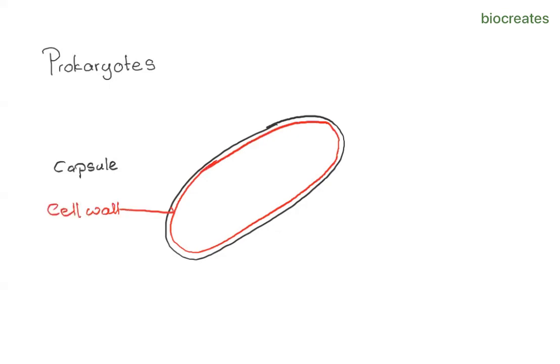This cell wall is made up of peptidoglycan. And as the innermost layer, we can find a cell membrane. Like in all other organisms, they have a plasma membrane or a cell membrane.